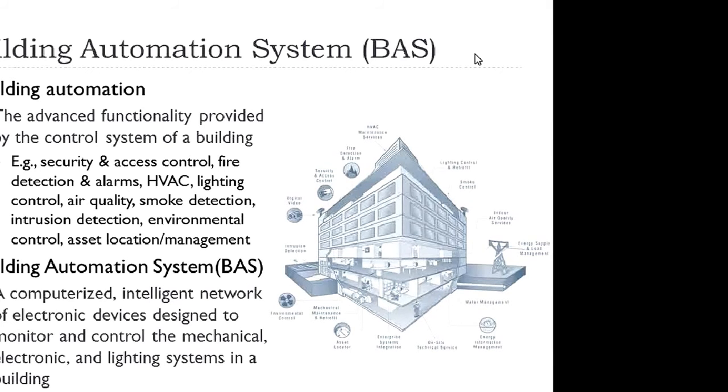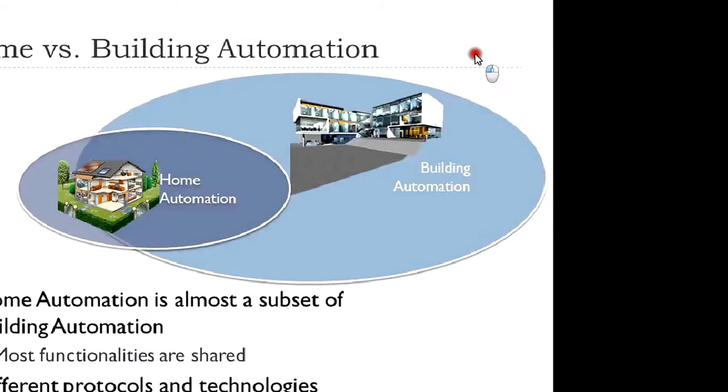And a system, a building automation system, is just another computerized system which provides building automation. So they are structured in the same way. They tackle almost the same things, just one is broader than the other. So if we want to compare them, I would say they are almost one a subset of the other.